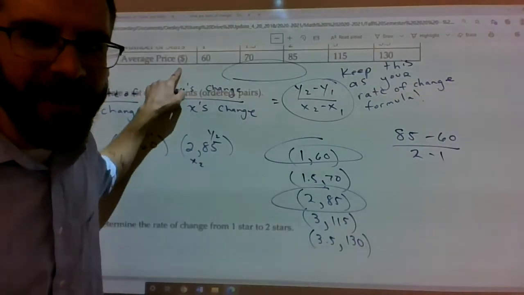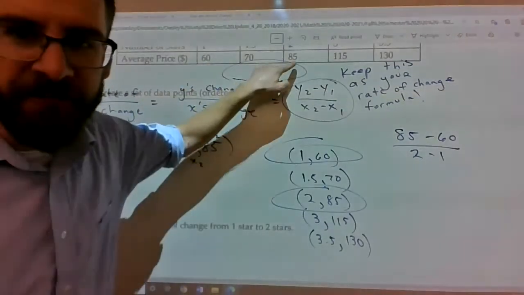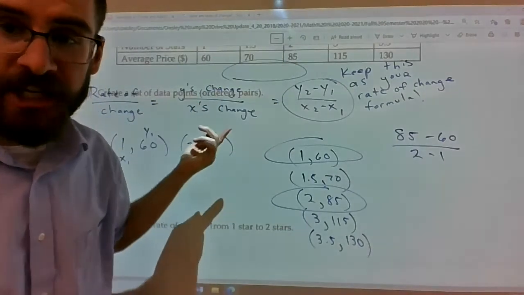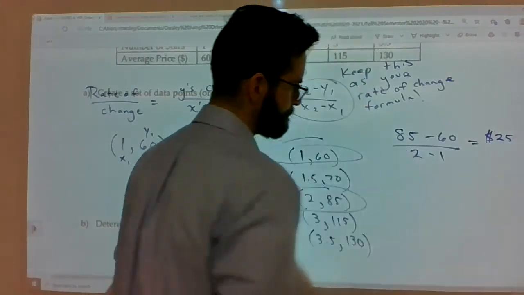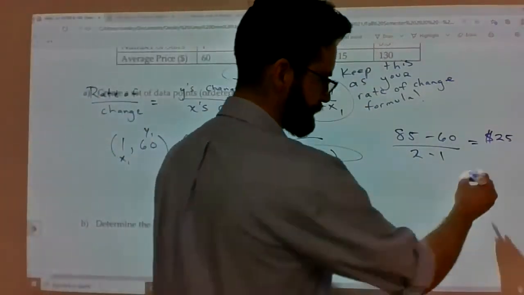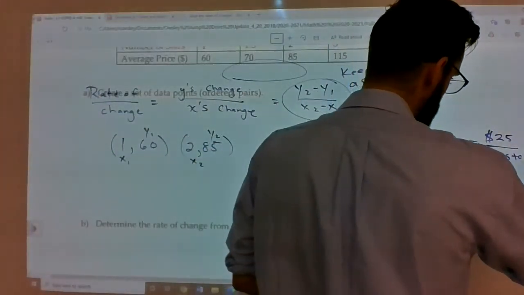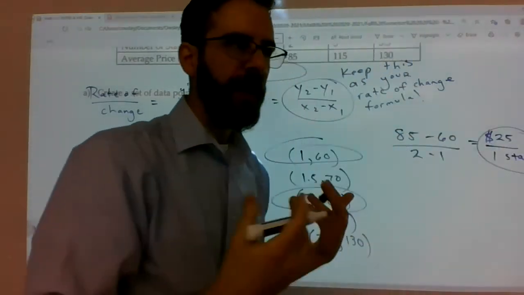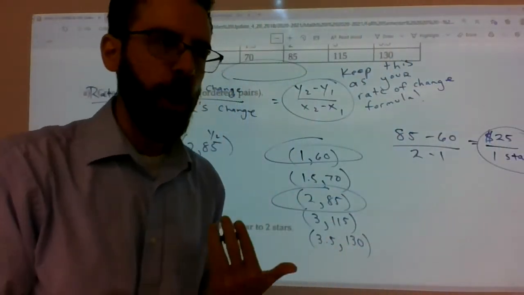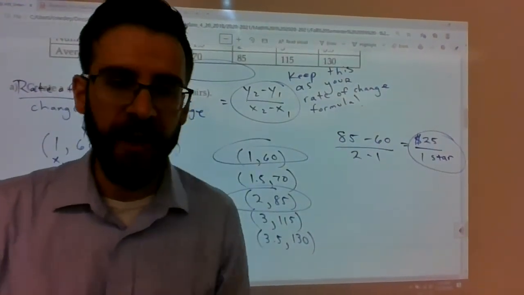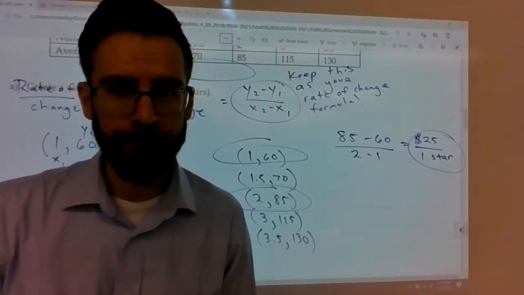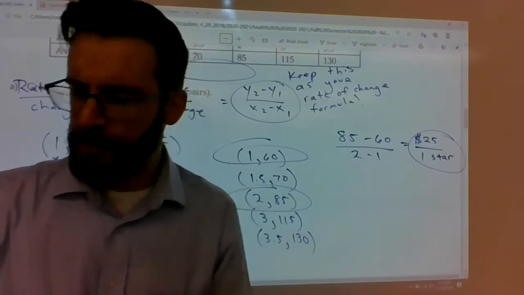Can you guys see that? Yeah, these are the y coordinates. The 85 and the 60 were dollars. So it was a change of $25 for every 1 star. Okay, so the rate of change between how much a hotel costs and how many stars it's given is $25 for every star. Now that's just using those 2 data points.